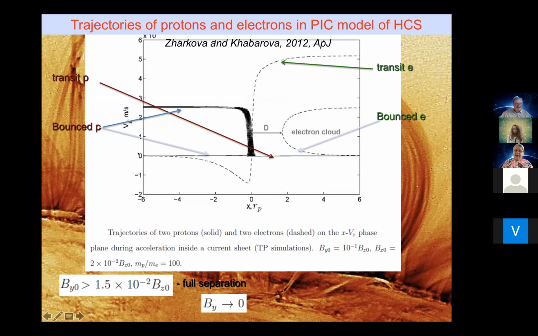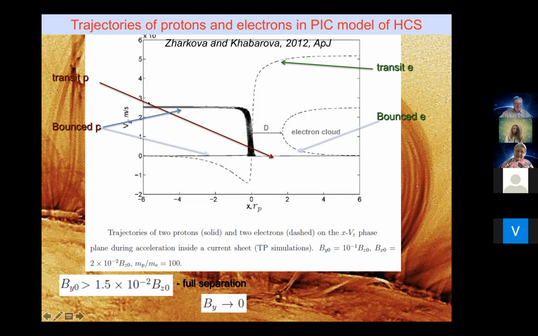Depending on where the proton comes from, if it comes from the same side where it will be ejected, it gains a little less energy, this lower line. It's called a bounce proton because it bounced from the midplane. The protons which come from the opposite side to which they will be ejected are called transit protons. They gain energy while they reach the midplane.